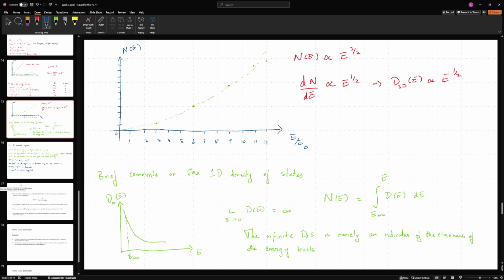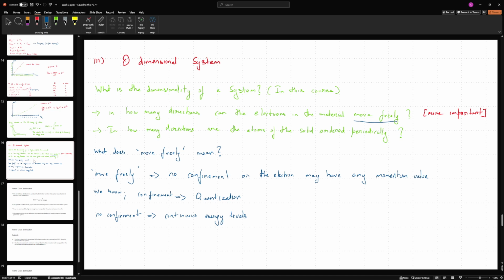Whenever we derived the density of states, we said that now the size of the well becomes very large. When the size of the well becomes very large, what happens to the allowed momentum values?